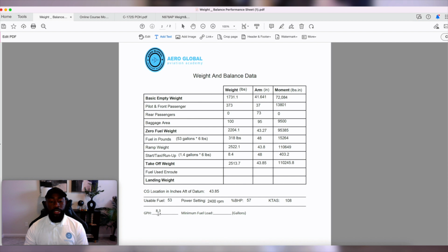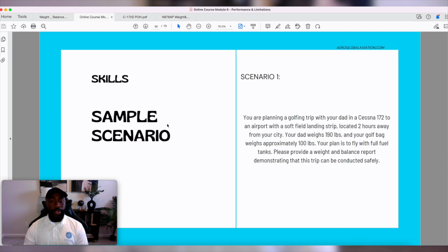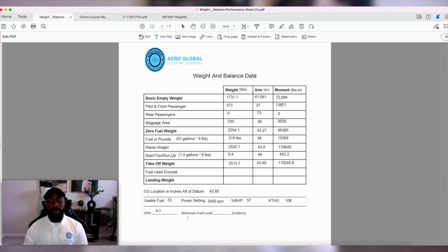So if the aircraft is burning 8.3 gallons per hour at the temperature we have within that area, we can basically come back here to our problem and determine how many hours we're flying for. So it says our destination is located 2 hours away. We're basically going to be flying for 2 hours.